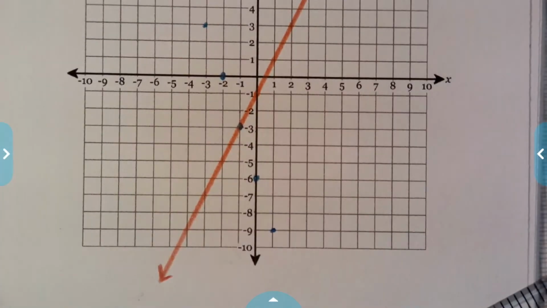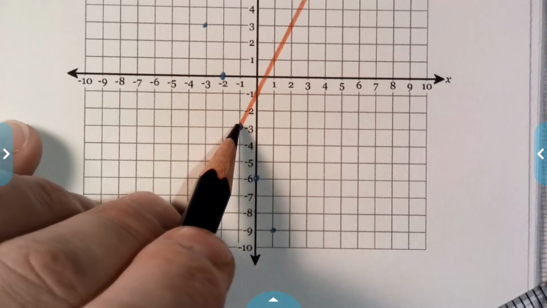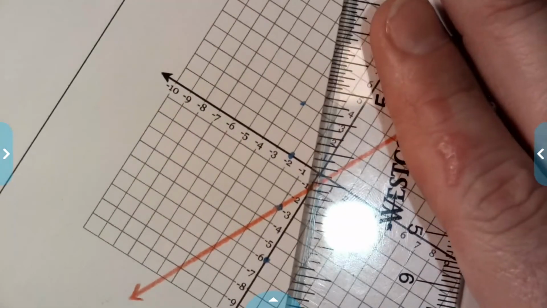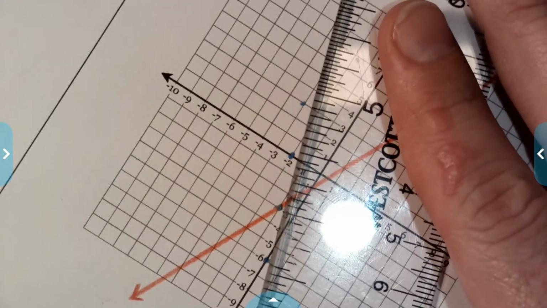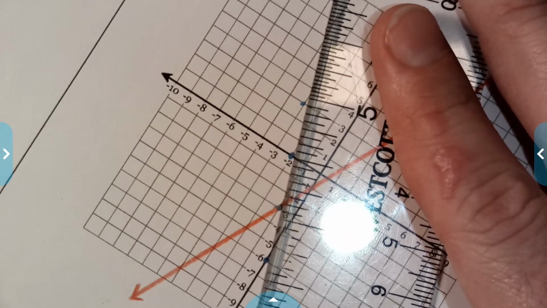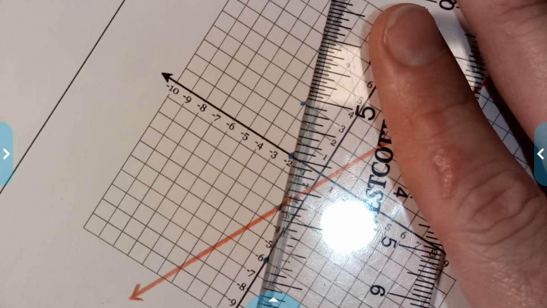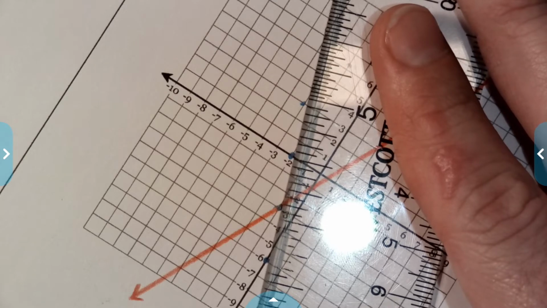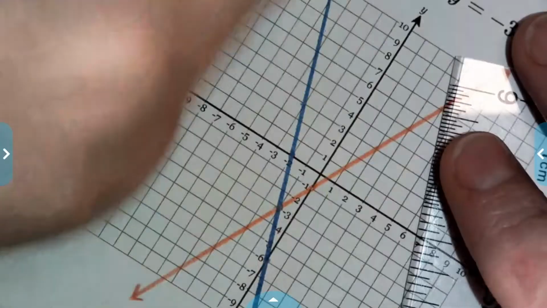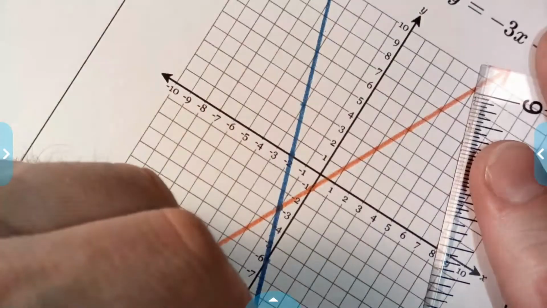Okay, so you see I've already got my intersection point at -1, -3. But we'll go ahead and draw this line in. Okay, so there's my 2 lines graphed.